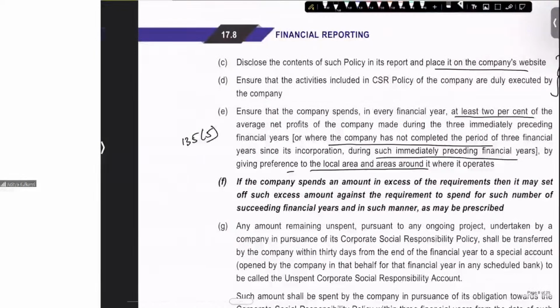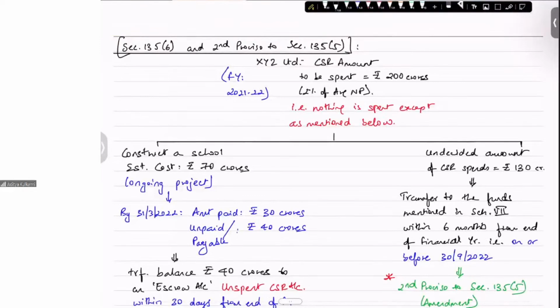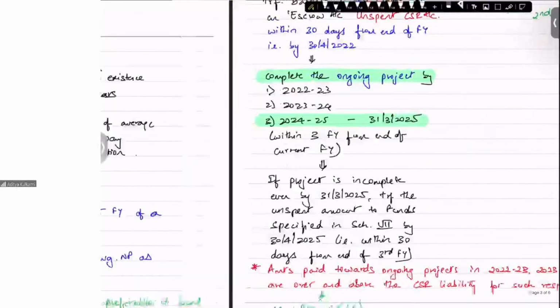So if you look at this, by giving preference, this is the first proviso to section 135(5). So that is what we have written here.